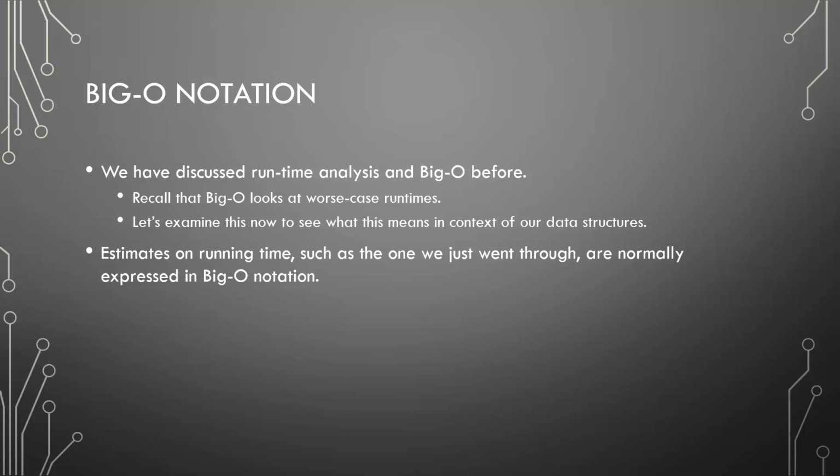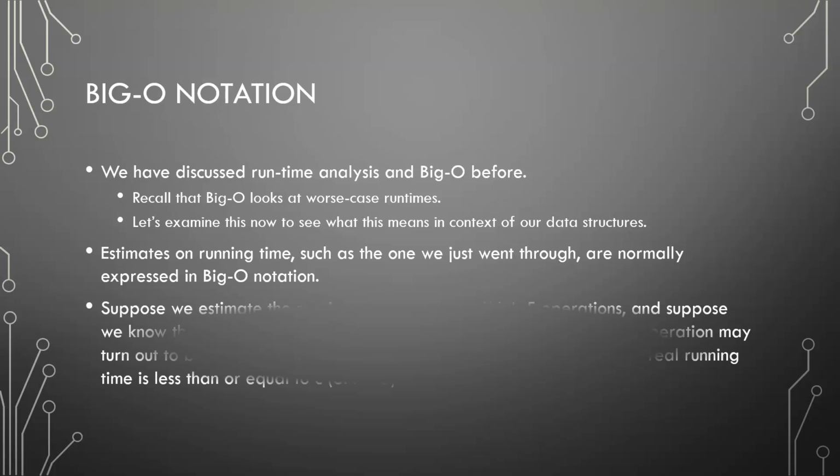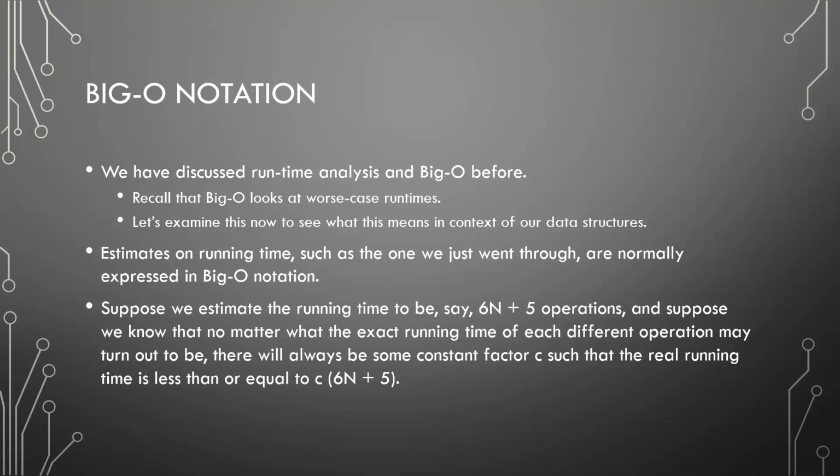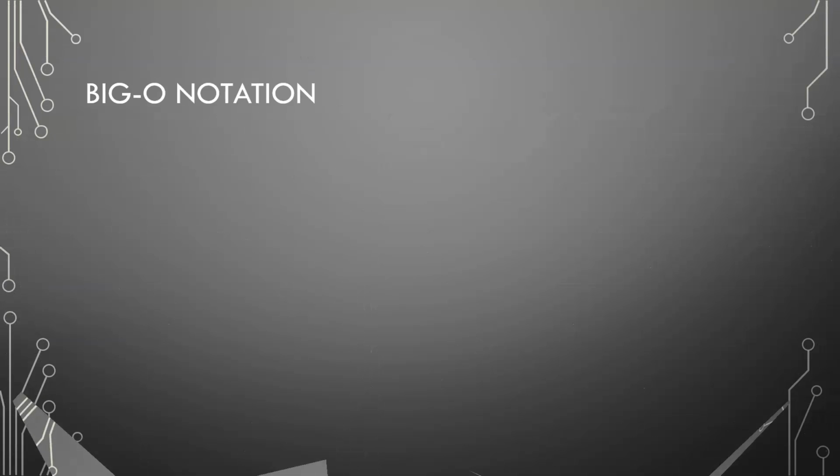So estimates on running time, such as the one we just went through, are normally expressed within big O notation. Now, suppose we estimate the running time to be, say, 6n plus 5 operations, and suppose we know that no matter what the exact running time of each different operation may turn out to be, there's always going to be some constant factor c, such that the real running time is less than or equal to c times 6n plus 5.